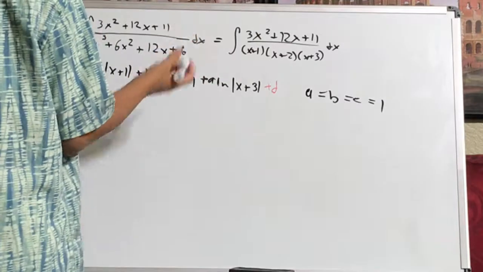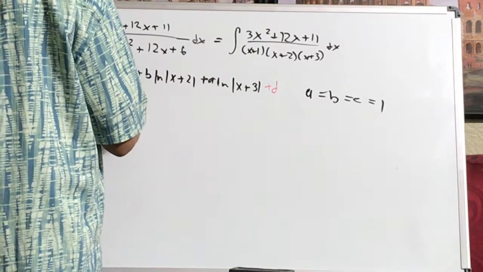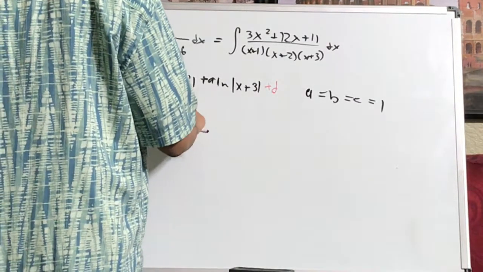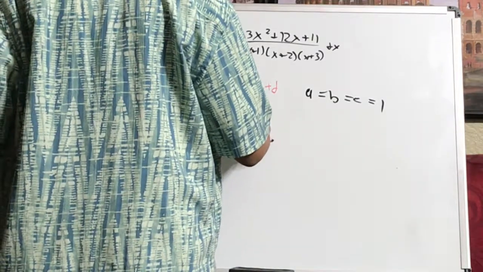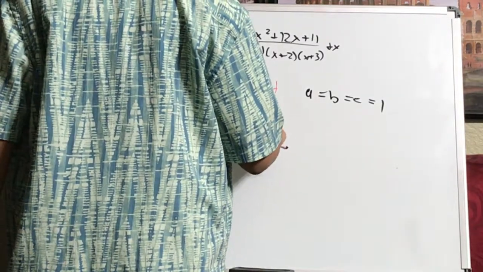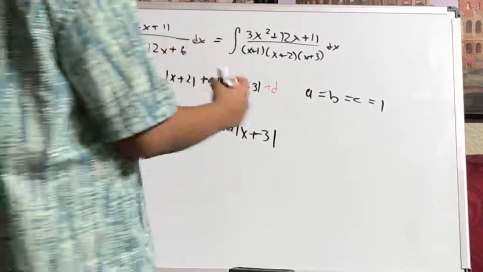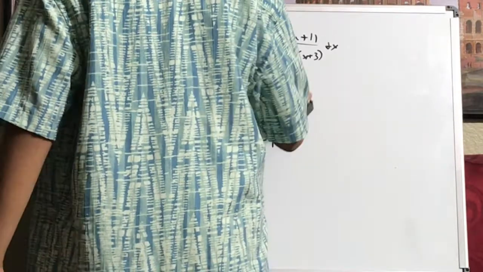What do we get? We get, as our final answer, ln of absolute value of x plus 1 plus ln of absolute value of x plus 2 plus ln of absolute value of x plus 3. And then I'm going to just change the d to c. It's not the same c as this. I just don't want that.